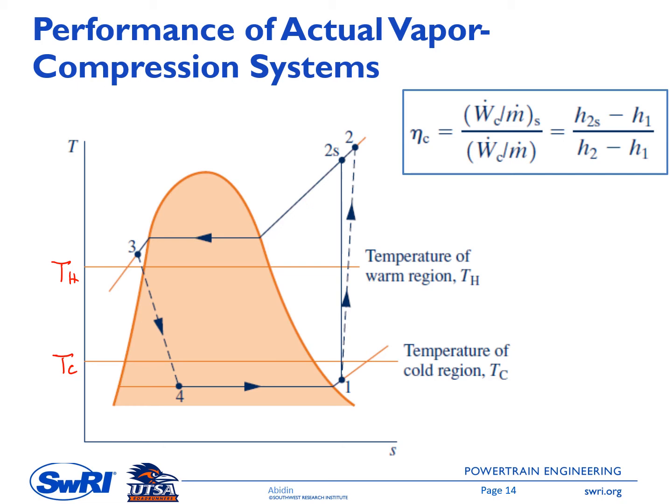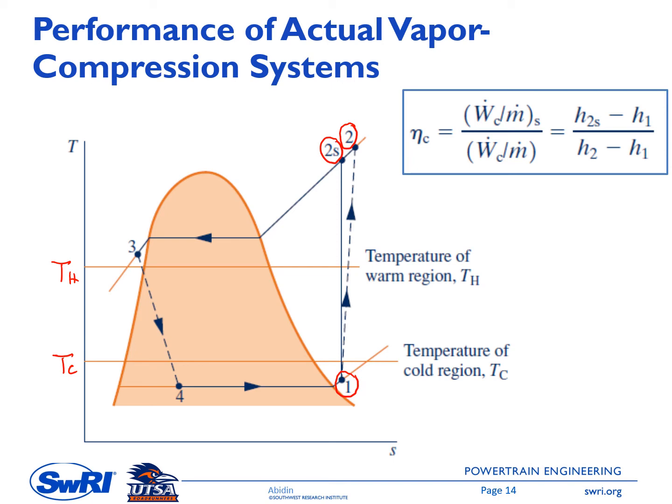And then the next one, for sure, there is irreversibility or internal irreversibility inside the compressor. This means that from state 1 in the actual system, it is connected by a dash line going to state number 2. When it is a solid line going to state 2S, this means there is no internal irreversibility.